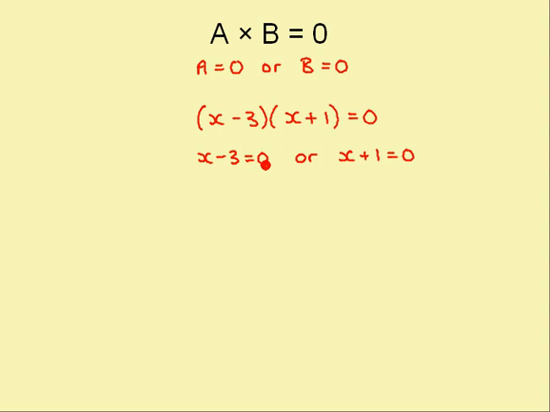We can now find two solutions to this by solving these two little linear equations. Here I would get that x is equal to 3, and here I would get that x is equal to minus 1. These would be my two solutions to this.